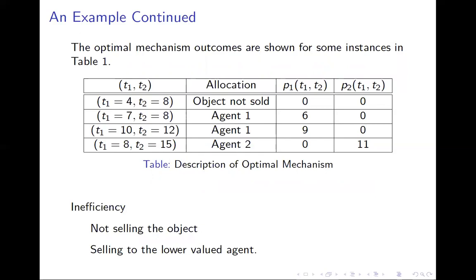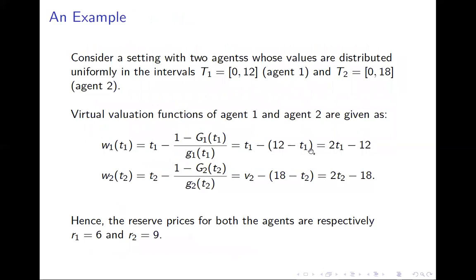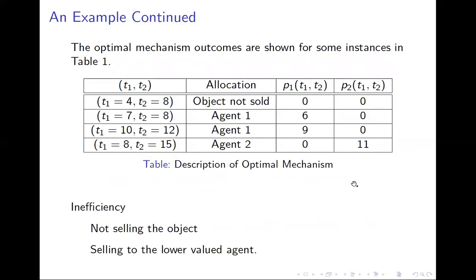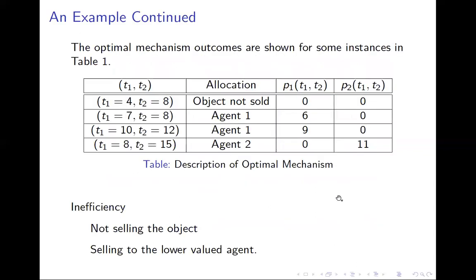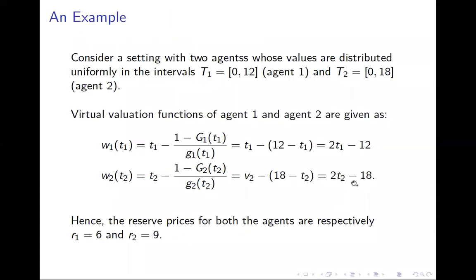So what is the least type of agent 1 at which she starts winning? Agent 2's type is fixed. So her virtual value is, sorry, 2 times 12 minus 18, which is 6. Okay, so her virtual value is 6.